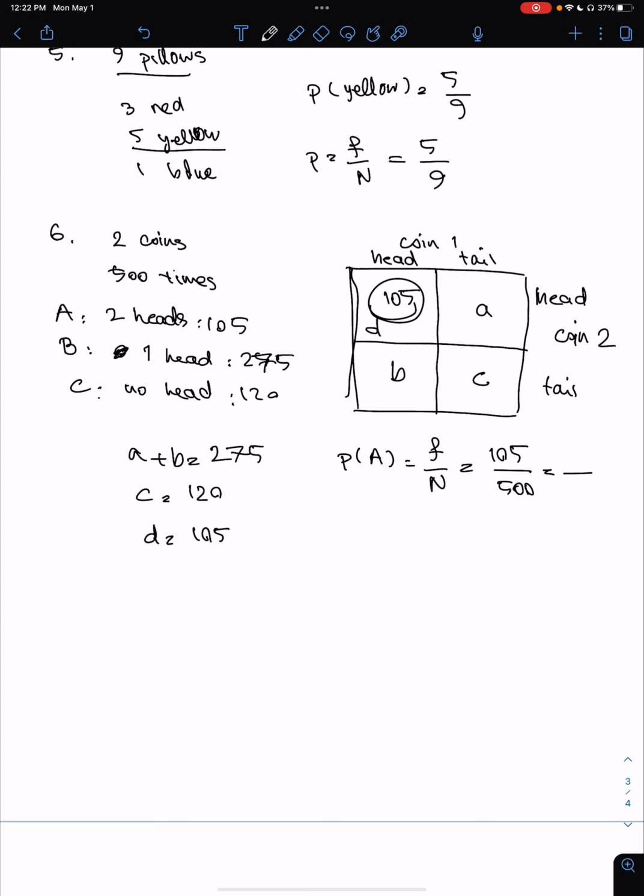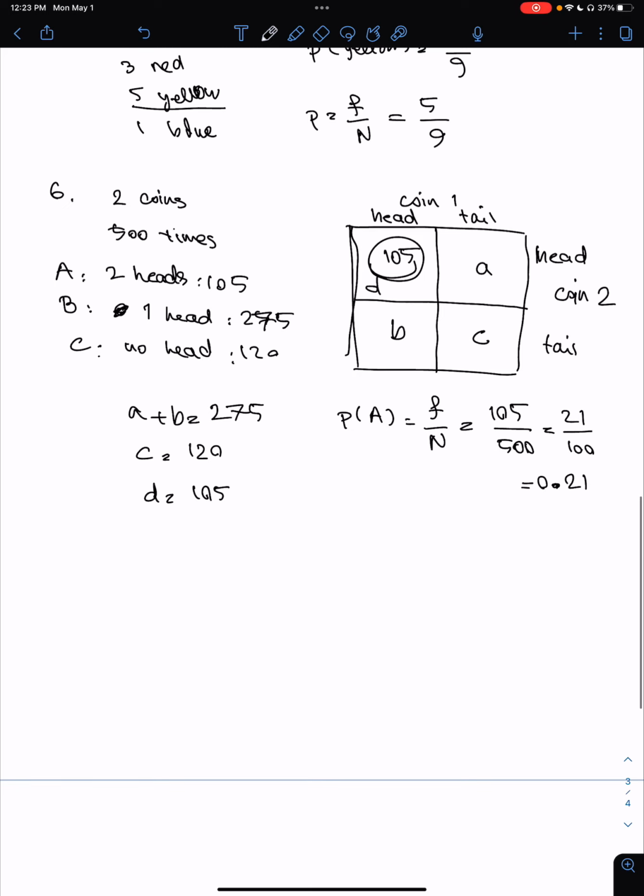Let's simplify this. So this divided by 5 is 21 over 100, which is equal to 0.21. P of B, which is having one head, is F divided by N, and then F we know is 275 divided by 500.